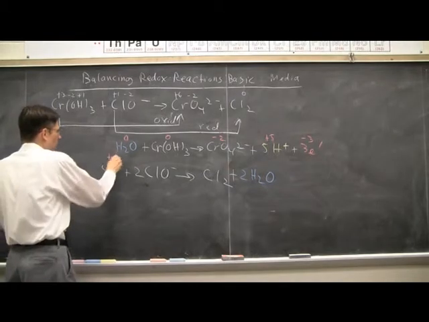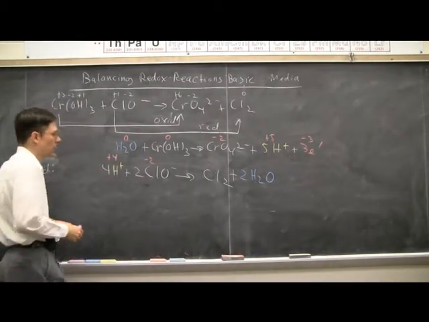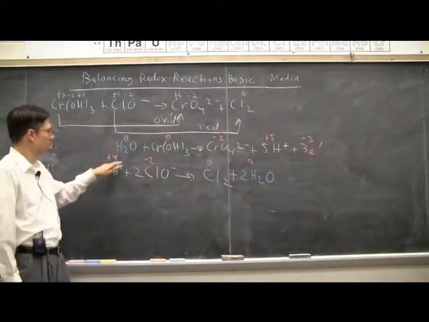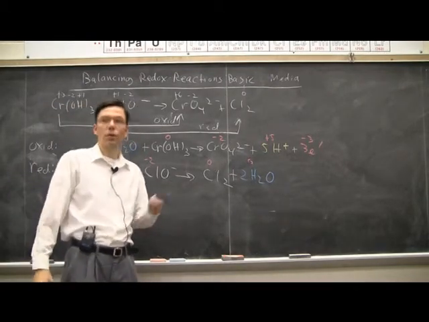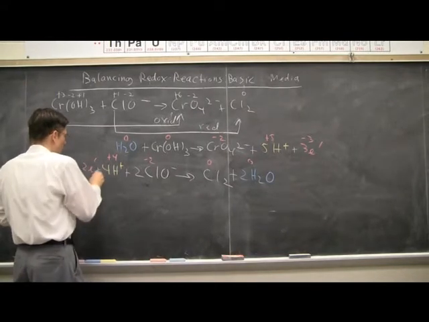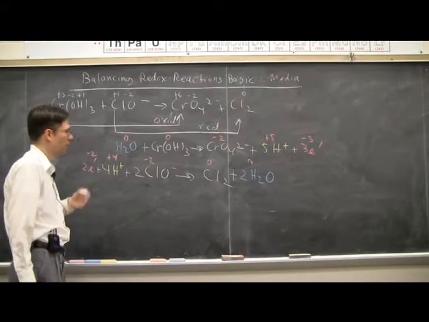Well, we have +4, 2 times -1, that's -2, 0, and 0. So we have overall +2 on one side, -2 on the other, so we have to have 2 electrons to get this to be equal. All right, so that's that part.